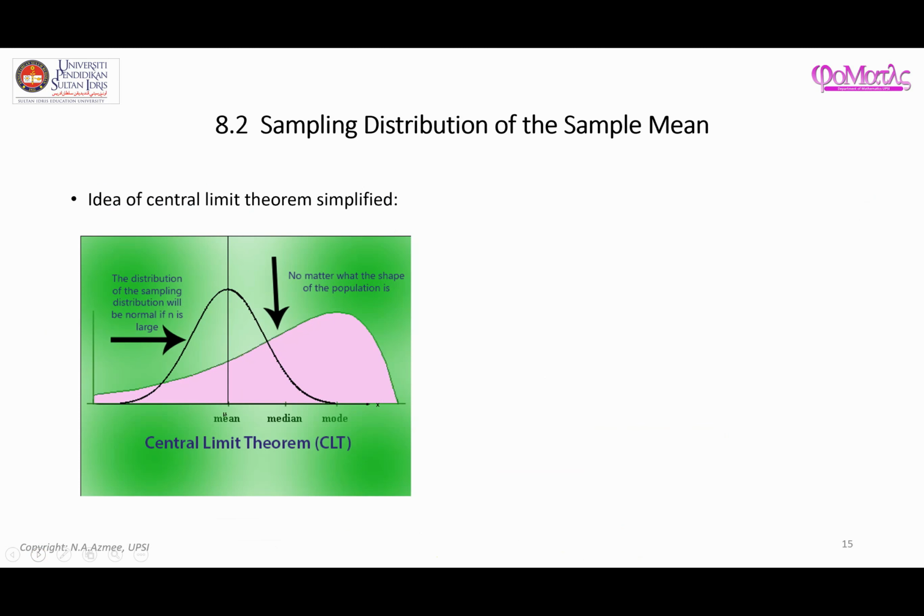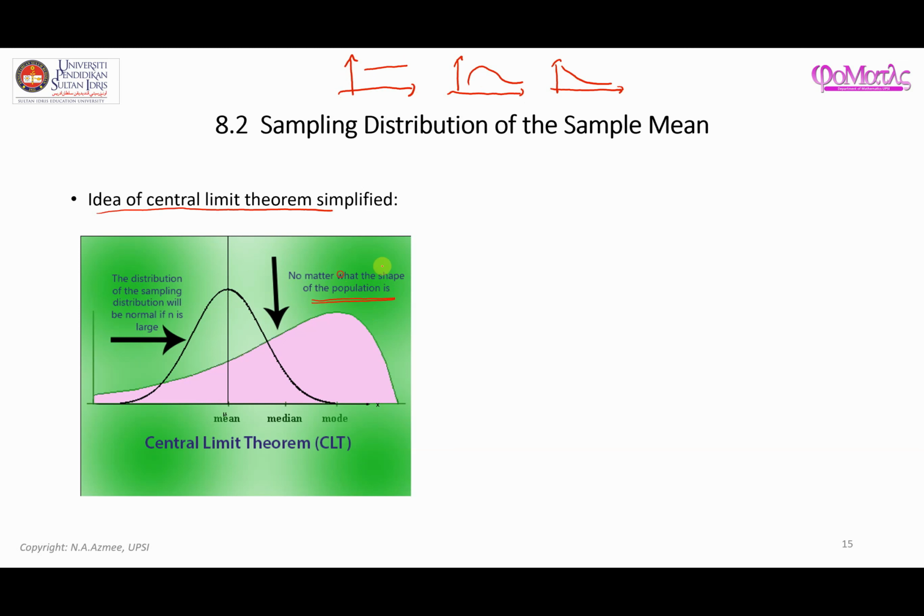Okay, let's move on to the idea of the central limit theorem. This is the third idea. The central limit theorem says that it doesn't matter what the shape of the original population is. For example, the original population may have a uniform distribution, a skewed distribution, or an exponential distribution.